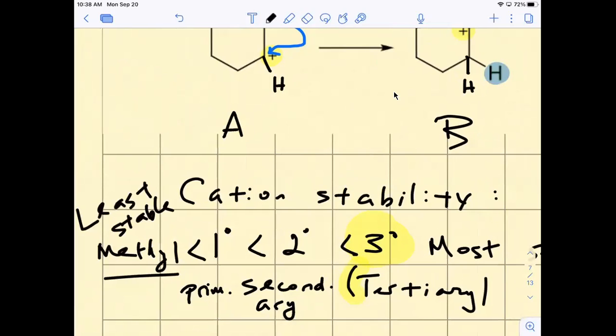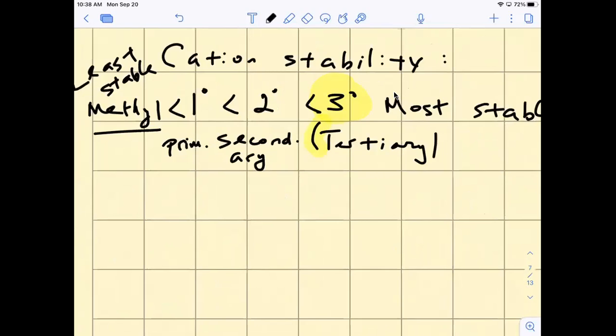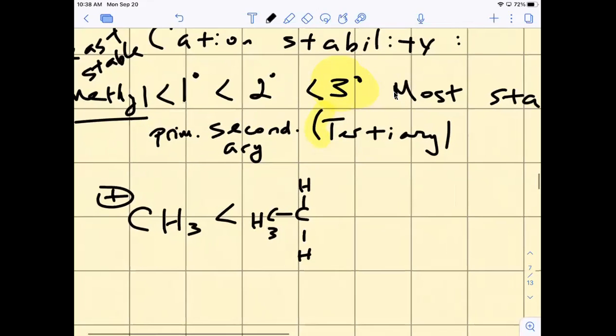And so up here, let me give you an example down here first. So a methyl cation would be something like this. And then the primary cation would look like this. It would be a carbon with one bond to carbon, and that carbon would be positive.